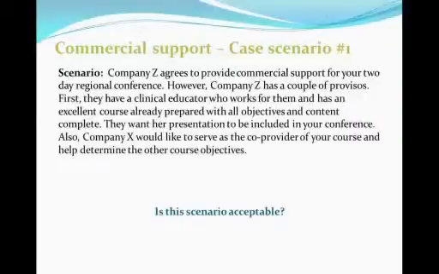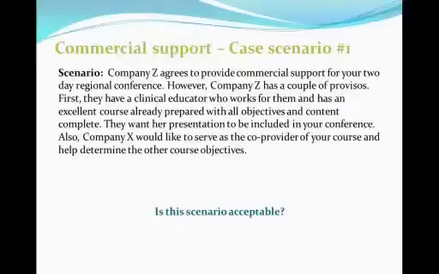Sometimes it helps to take a look at some case scenarios. So we've developed a couple just to help with your understanding of this issue. So let's look at case scenario 1. The scenario is that Company Z agrees to provide commercial support for your 2-day regional conference. However, Company Z has a couple of provisos.